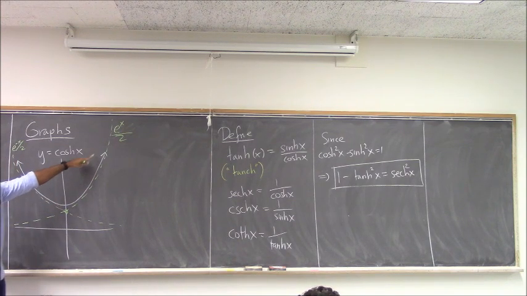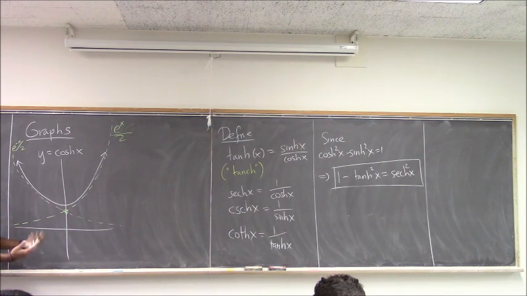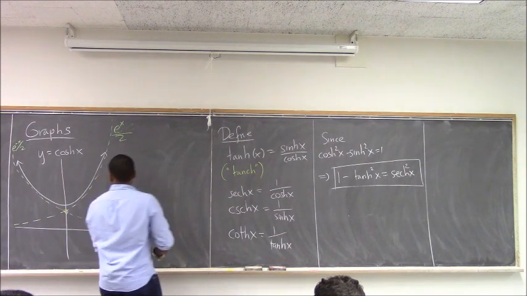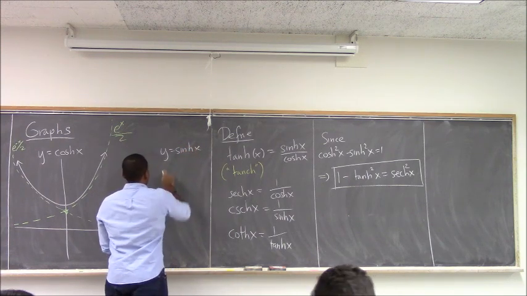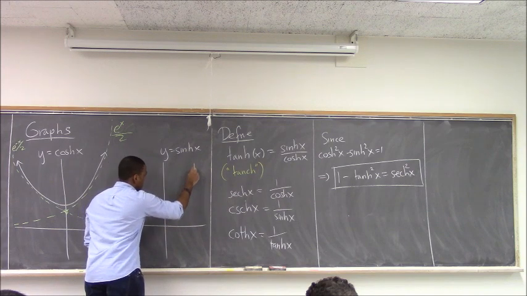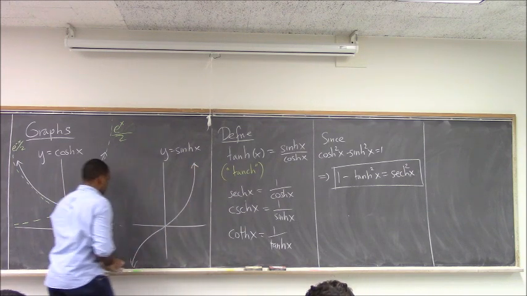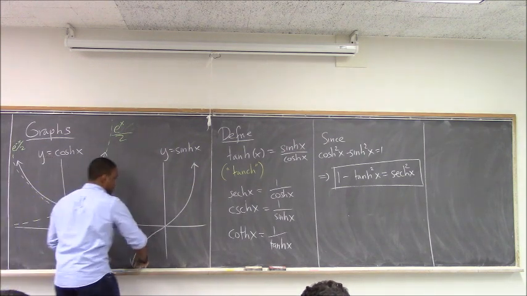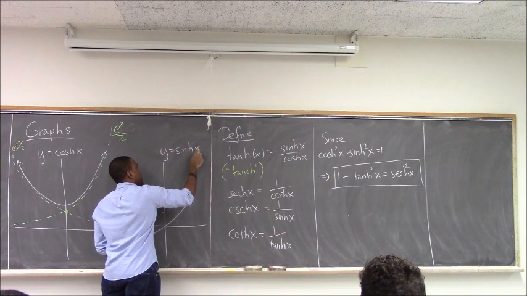So yes, I expect you to know that exponentials increase a lot faster than polynomials. Logarithms increase a lot slower than polynomials. Things like that you should know, especially how that applies to limits. If you look at the sinh, again, that's something that might look like a polynomial at first. It might look like x cubed. But it's actually not x cubed because that is also e to the x over 2.